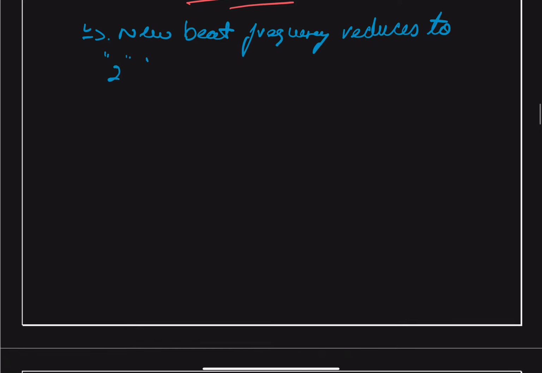Therefore, we can write it as F string new minus n comes equal to 2.